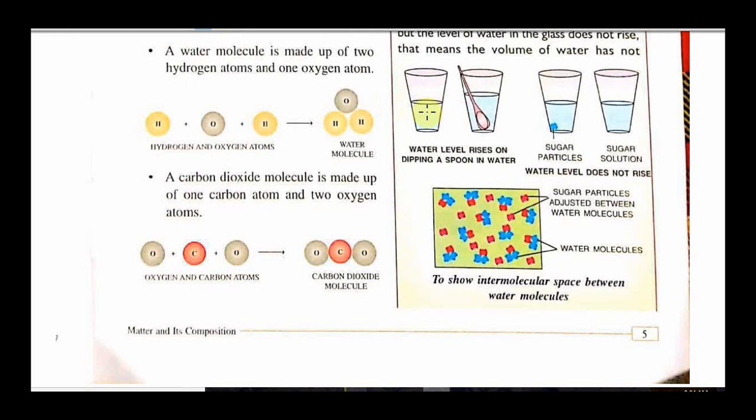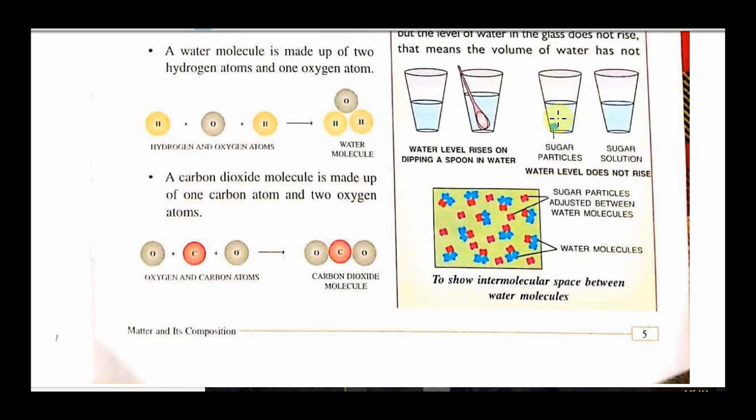Why? Initially you can see, students, please check here, this is the water level, and after dipping the spoon, the water level rises a little bit. But if we keep the sugar particles, the water level remains the same. You can see here. This is the same. Why?